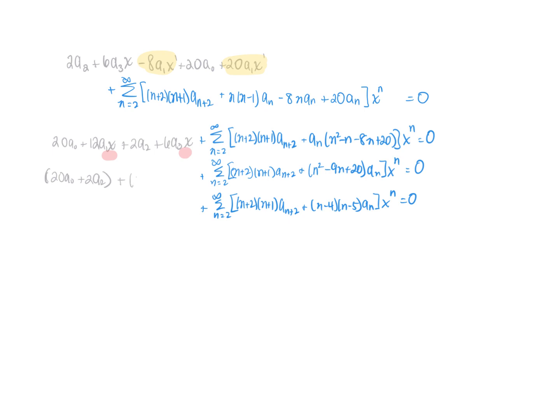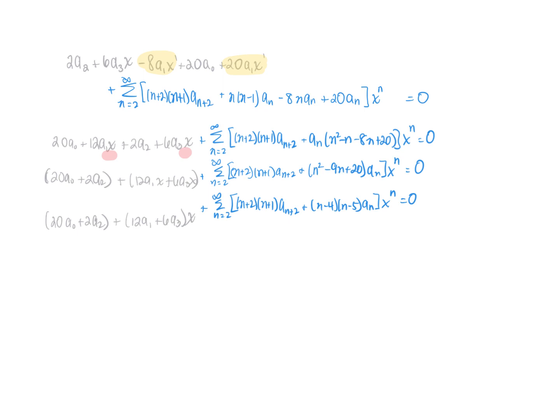And then we'll have 12a1x plus 6a3x. And if we factor out that x, we have 20a0 plus 2a2 plus 12a1 plus 6a3 all times x.